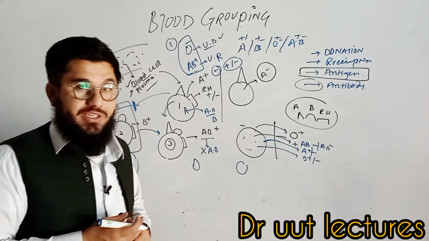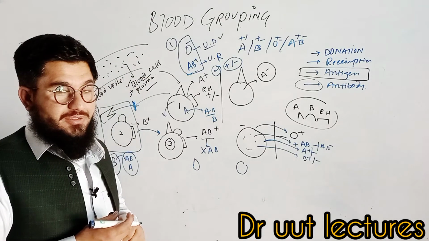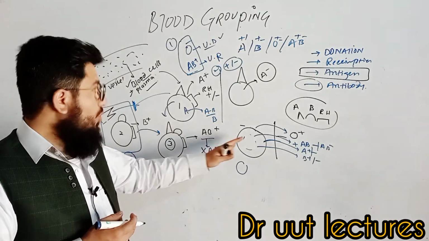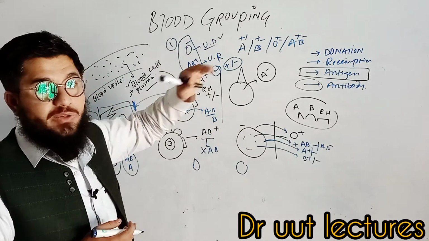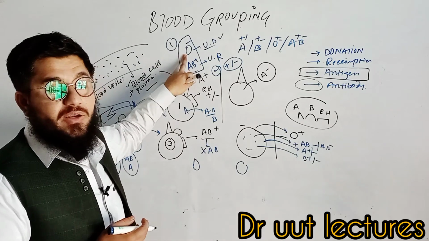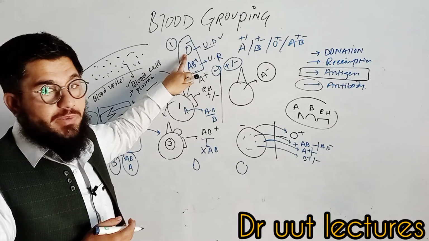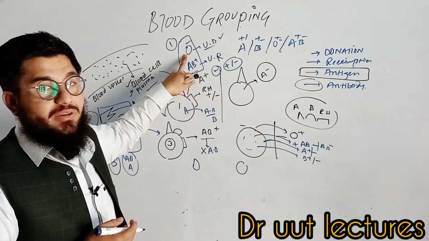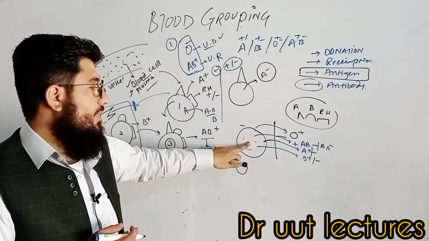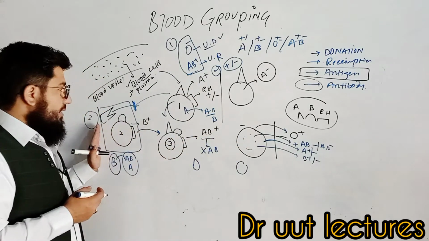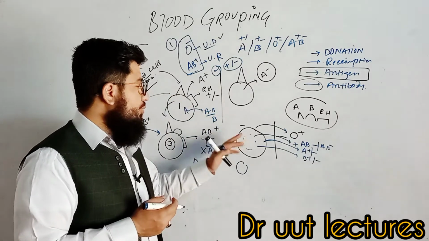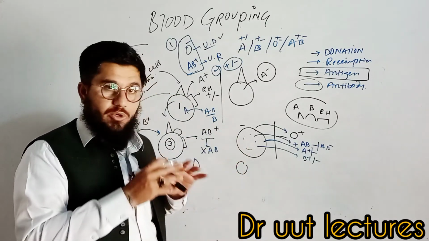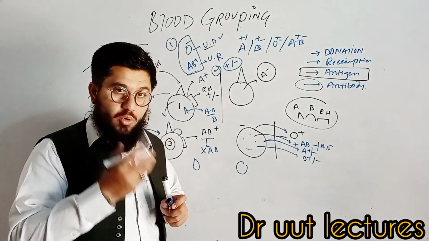So if there is no antigen, I told you here, O negative can give to anyone, but O negative cannot accept from anyone other than O negative. So what will happen now if you give type B blood group or type AB or A blood group to this O? That will not match, and O is not accepting.